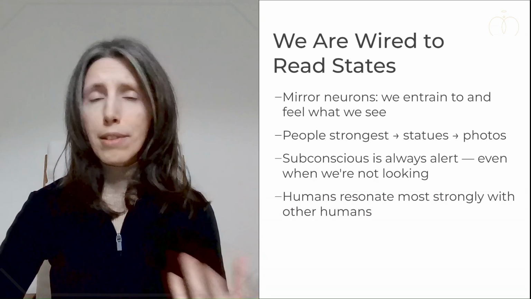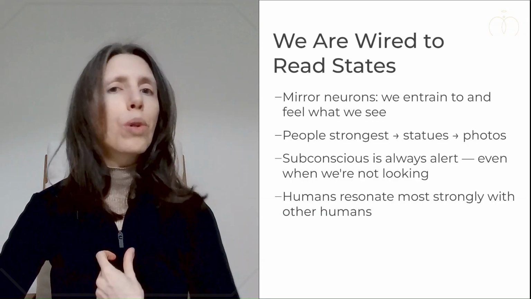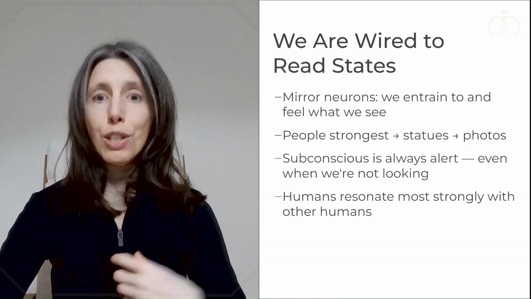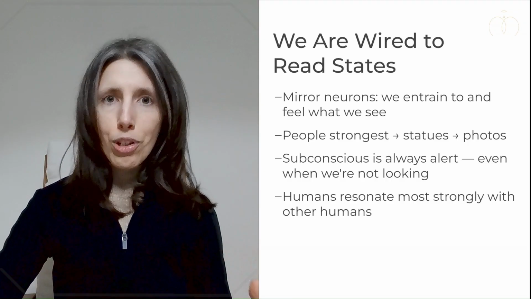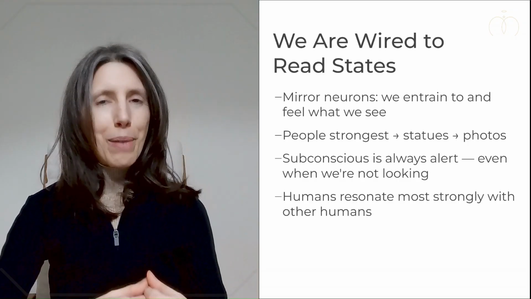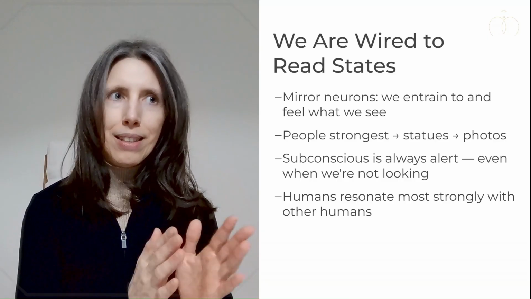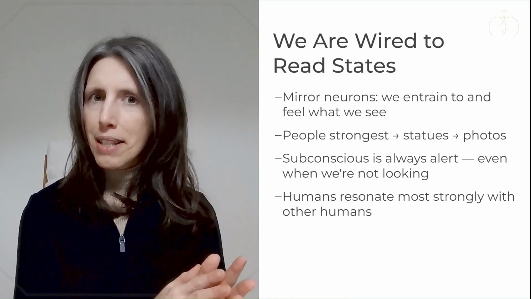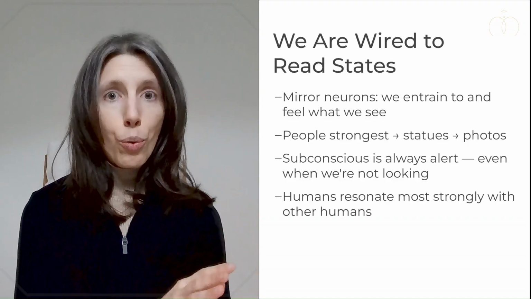So for example, dogs, cats, horses, these are animals that we are very familiar with, so we resonate very strongly with them. We understand their emotions, they understand our emotions as well, and there is the same phenomenon of resonance, although perhaps at a different level than there is with humans.